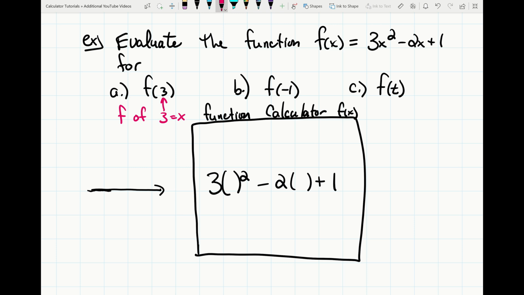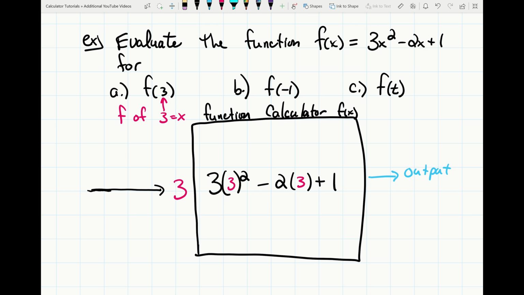So we're going to input the number 3 into this calculator, and as soon as we hit enter, the calculator is going to take that number, substitute it in, and crunch these numbers and give us what we like to call our output, or the dependent variable.